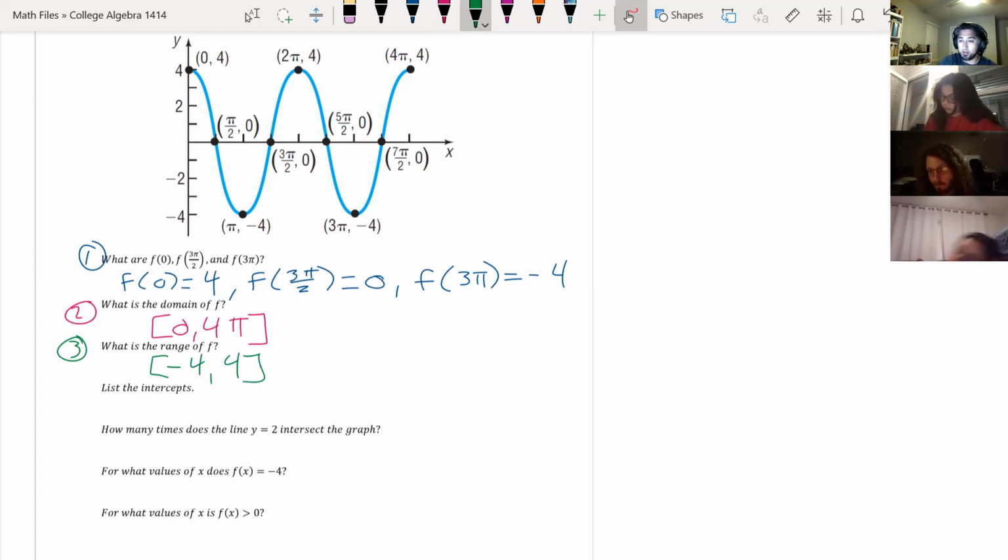All right. Now this next question says, list the intercepts. So give me all the x-intercepts and give me all the y-intercepts. And remember, x-intercepts lie on the x-axis. So what are my x-intercepts? Pi over 2.